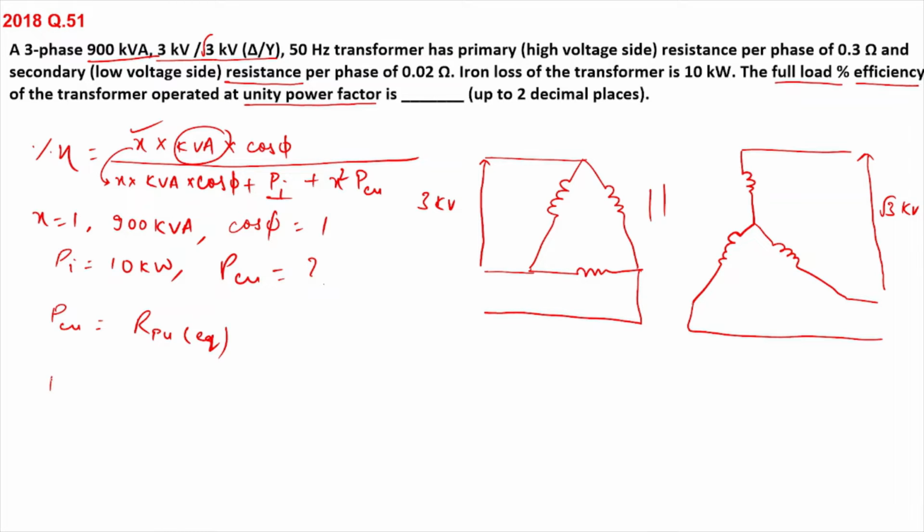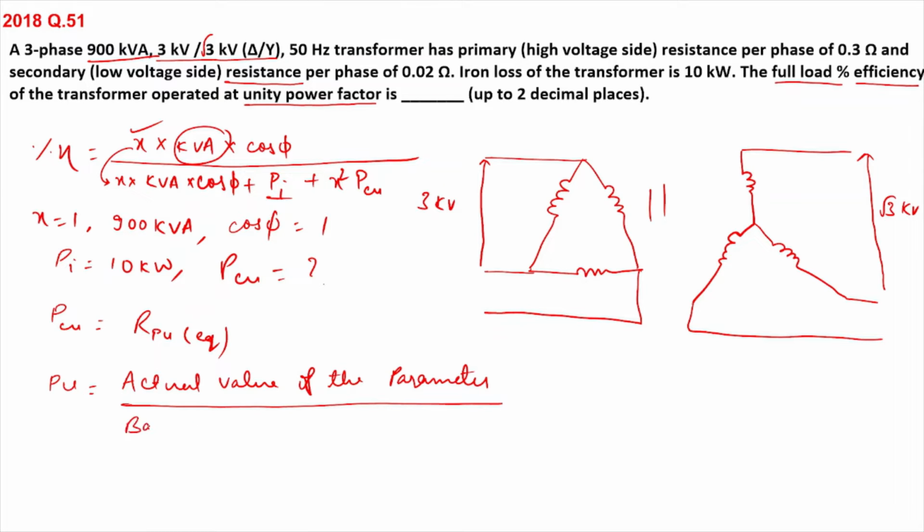Since you know per unit value is the actual value of the parameter divided by the base value of the parameter. Actual value is given, base value we can decide.